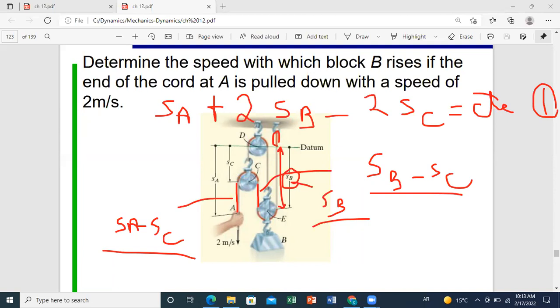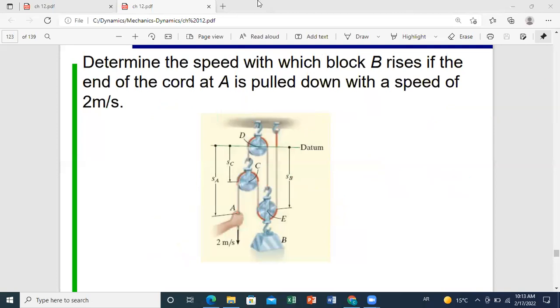Okay. Now, next step is to determine what is my second chord, and I should express its total length also as a function of the coordinates I have. The second chord is here. It's starting from this level here until this point. This length is equal to S of C minus this part. But what is this part? It's a constant.